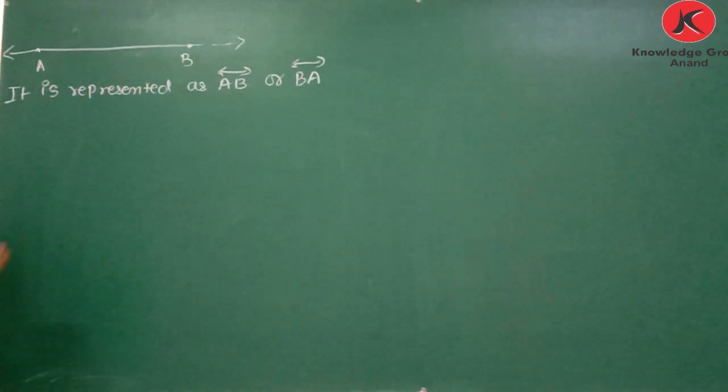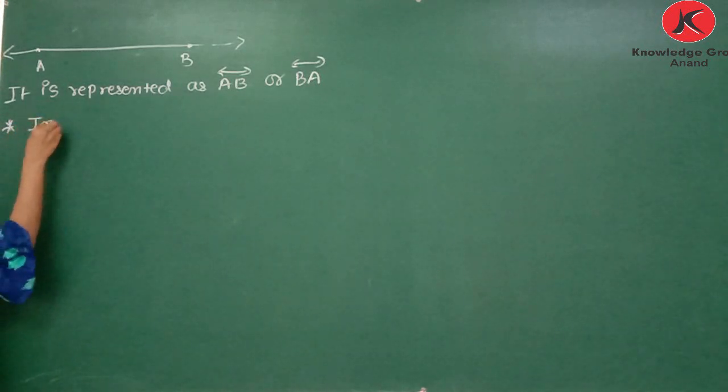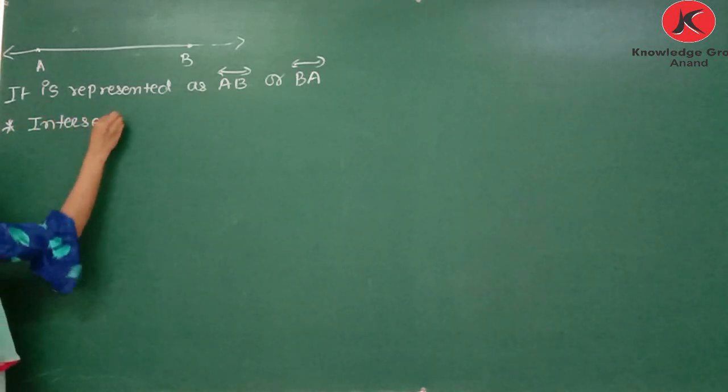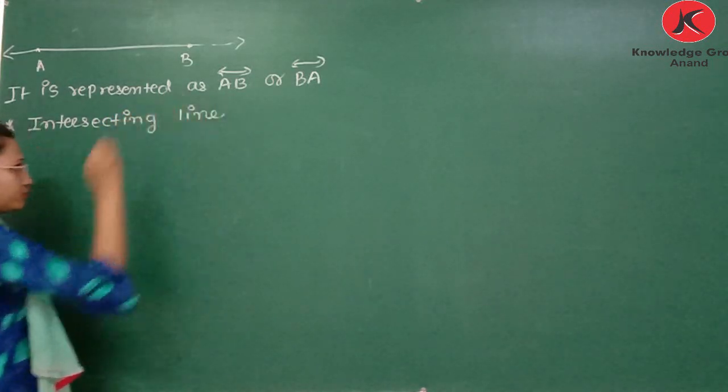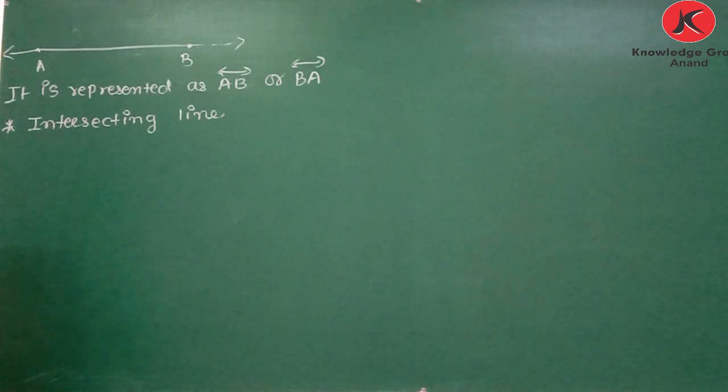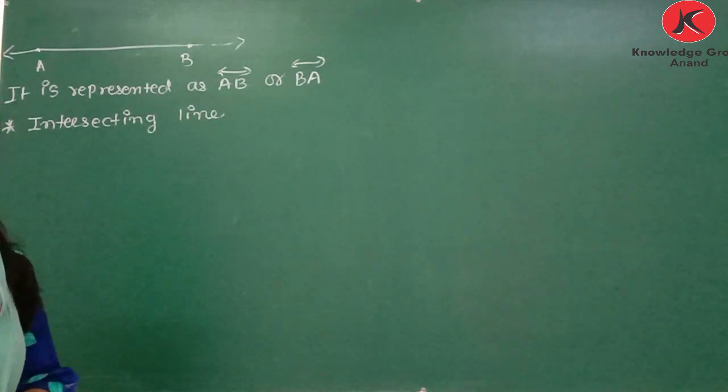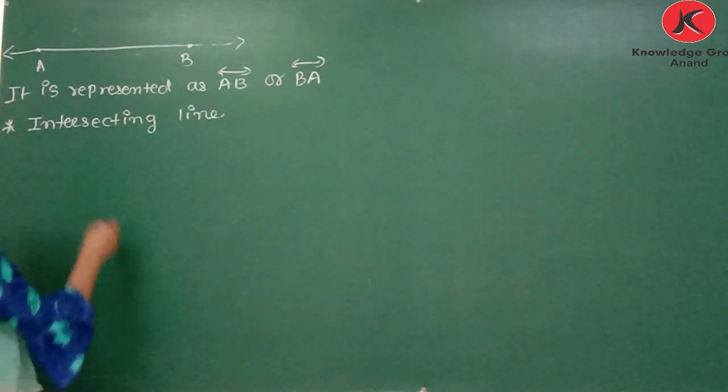Now after that, intersecting line. Intersecting line means if two lines meet at one point.